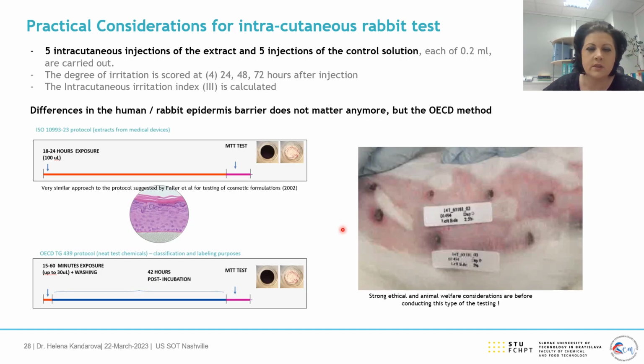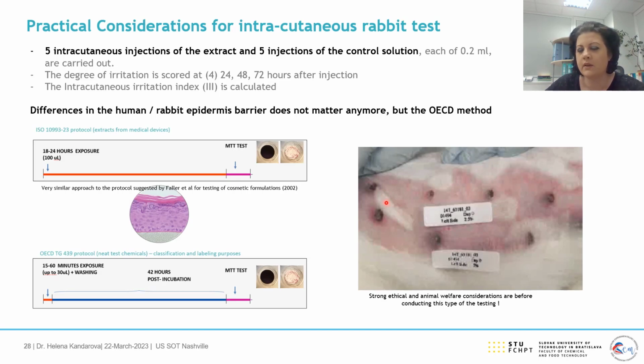So with this test protocol, we were able to very nicely mimic the intracutaneous irritation testing. You can see how bad it may look in the skin of the animal. There, the barrier properties don't play any big importance because the material is injected under the epidermis of the rabbit.